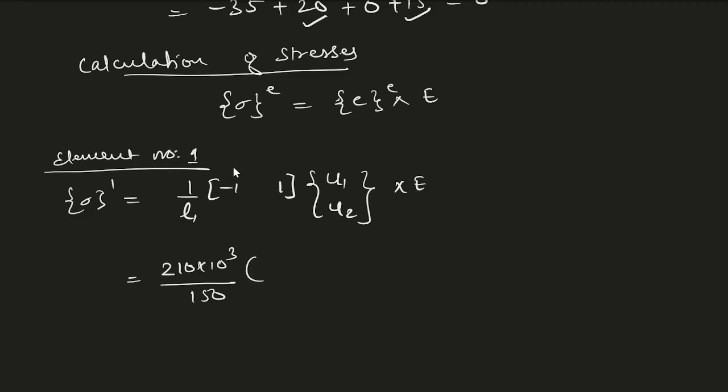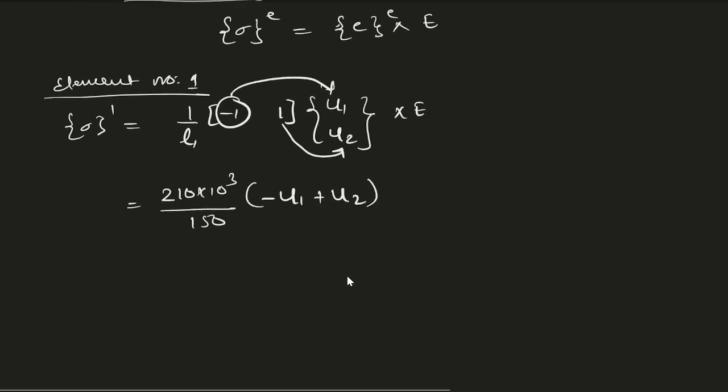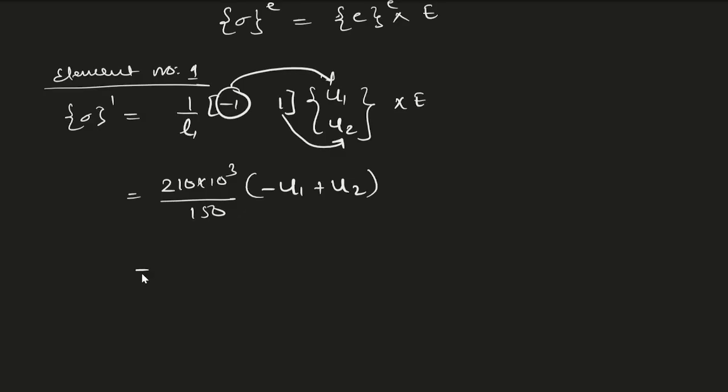The first one will be multiplied with minus 1, and the second one with 1, so minus U1 plus U2. We know that U1 is fixed, so it will become 0.